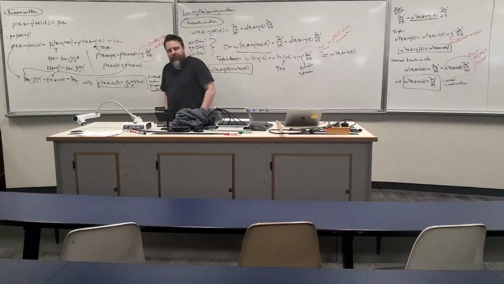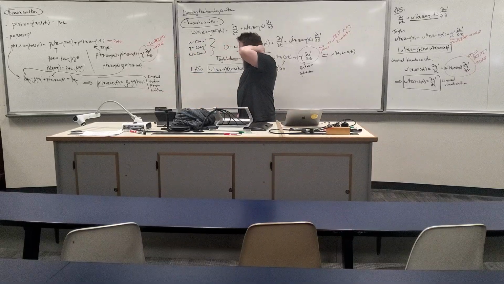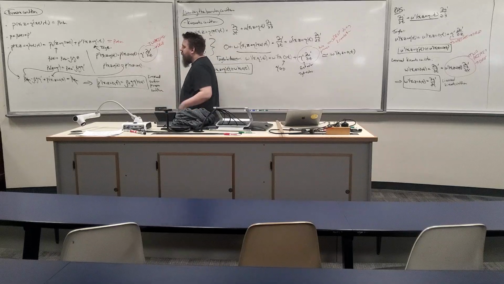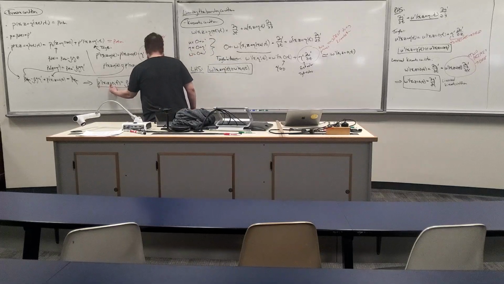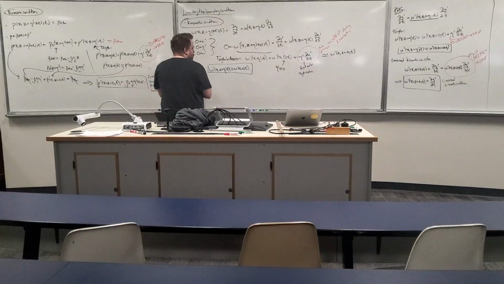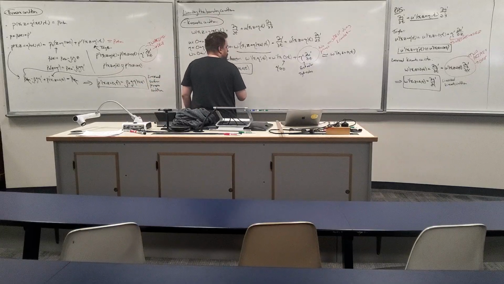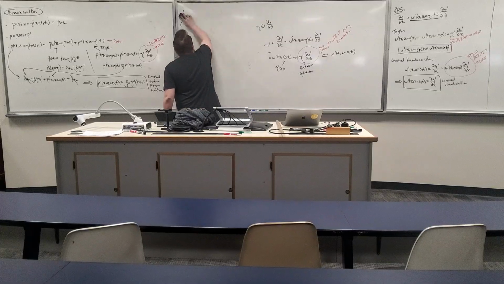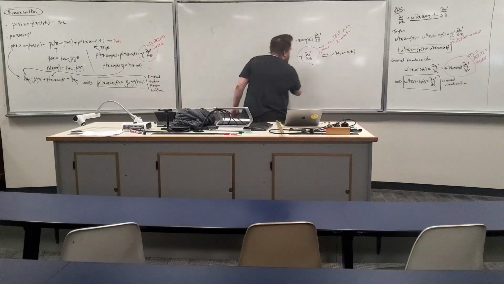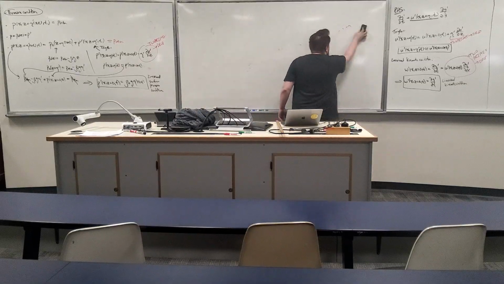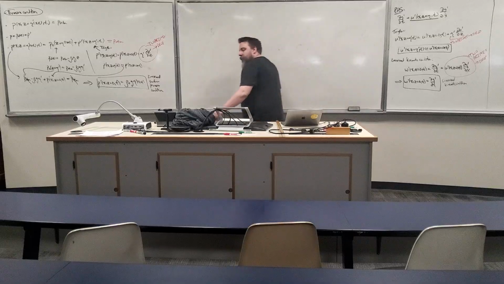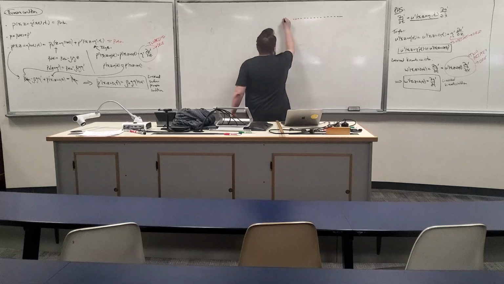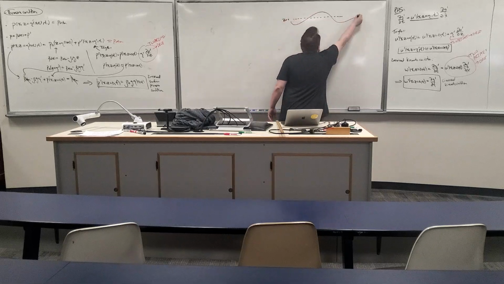This also makes sense when we think about it. So P prime at z equals 0. Let's go back to our diagram. We have our z equals 0, and we've got our waves on top of that.